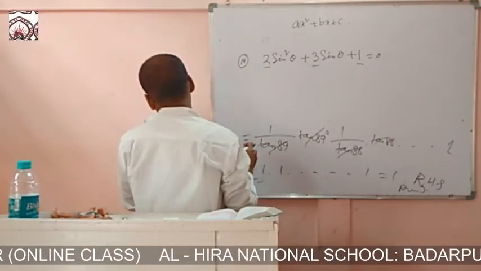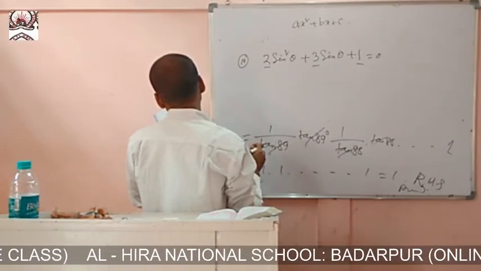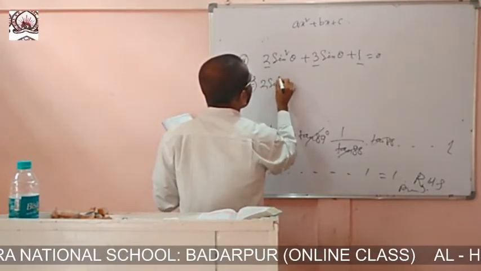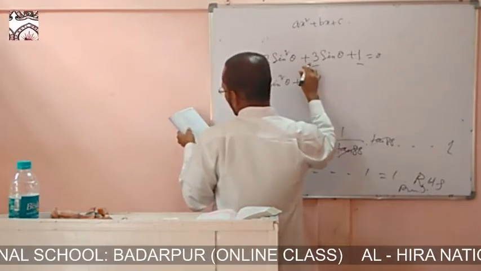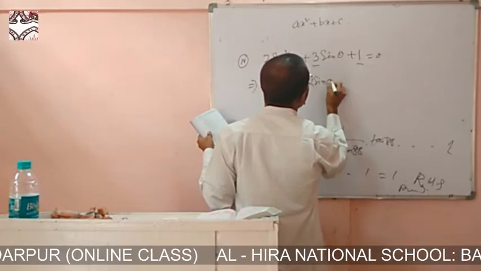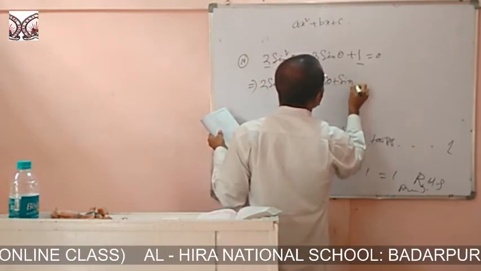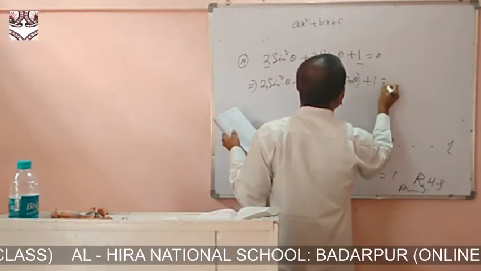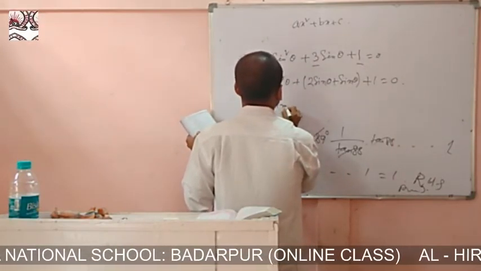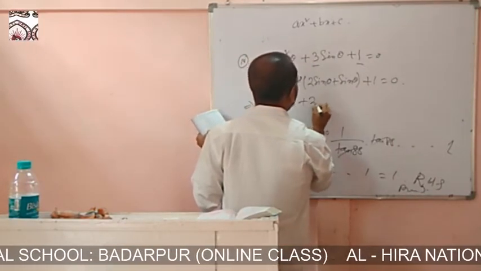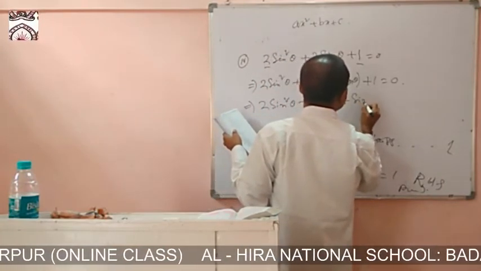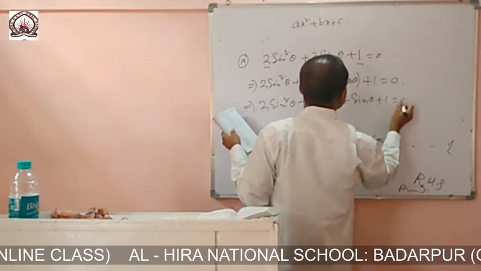Now, if it is by splitting the middle term factorization, we can write twice sin square theta, and then 3 sin theta, we can write it is twice sin theta plus 1 is equal to 0. So this is twice sin square theta plus twice sin theta plus 1 is equal to 0.